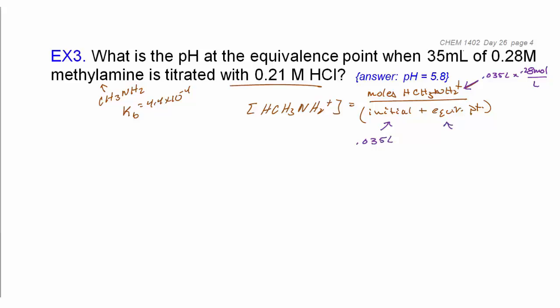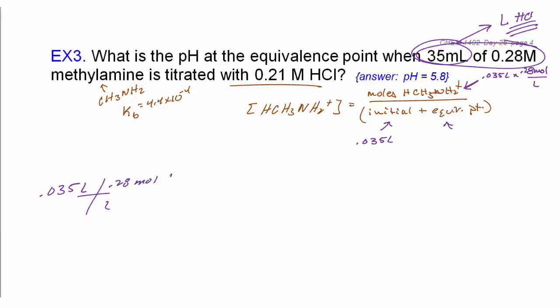Start with the 35 mL of the methylamine, convert that, well, really you're converting all of this to liters of HCl. 0.035 liters, and in a liter I have 0.28 moles of methylamine.